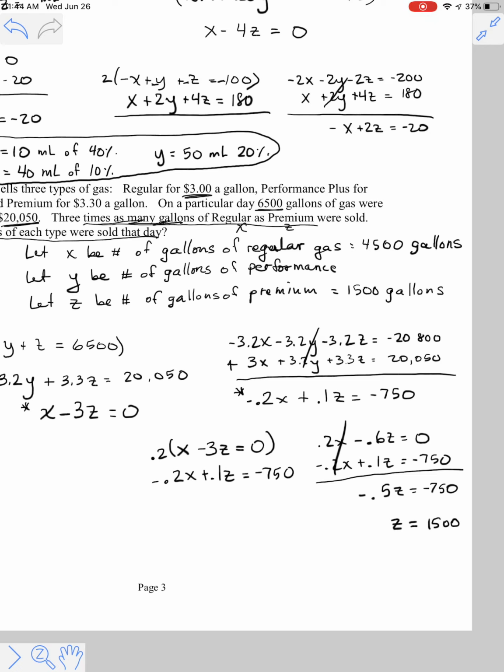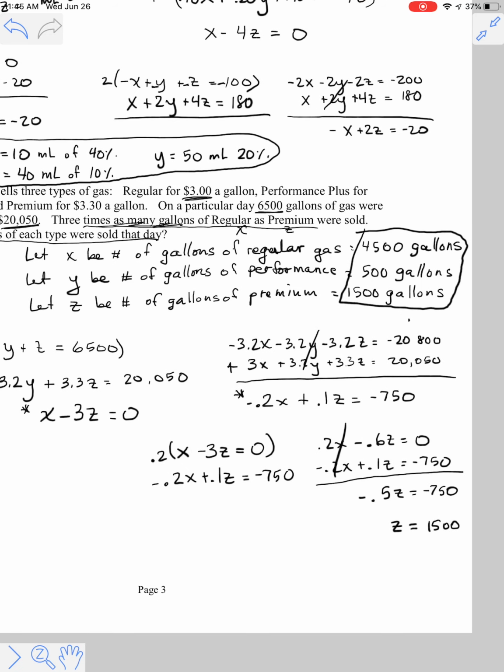There was only 6,500 gallons sold total, and these two combined is 6,000. So that leaves 500 gallons for performance.